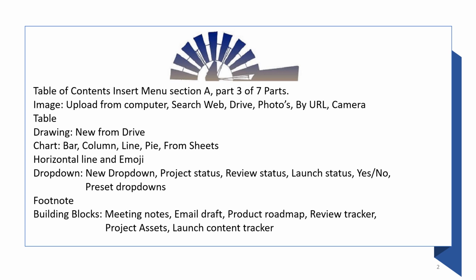Horizontal line. Emoji. Drop-down: new drop-down, project status, review status, launch status, yes or no, preset drop-downs. Footnote. Building blocks: meeting notes, email draft, product roadmap, review tracker, project assets, launch content tracker.